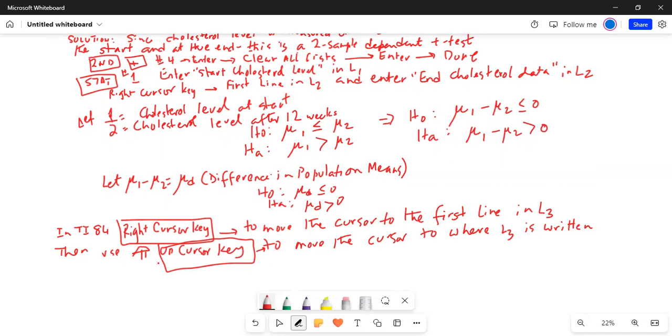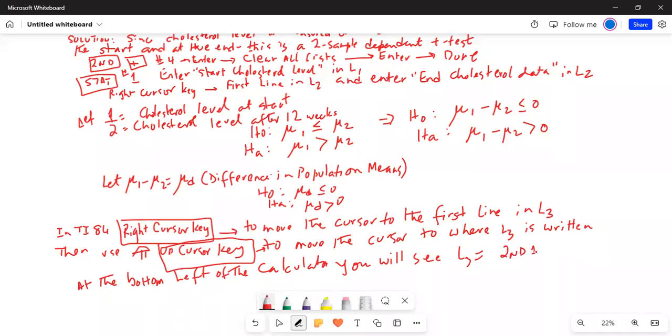Okay. And at the bottom left of the calculator, you will see L3 equal to. Now here you're going to type second one, which means L1, minus second two, which means L2, in L3.